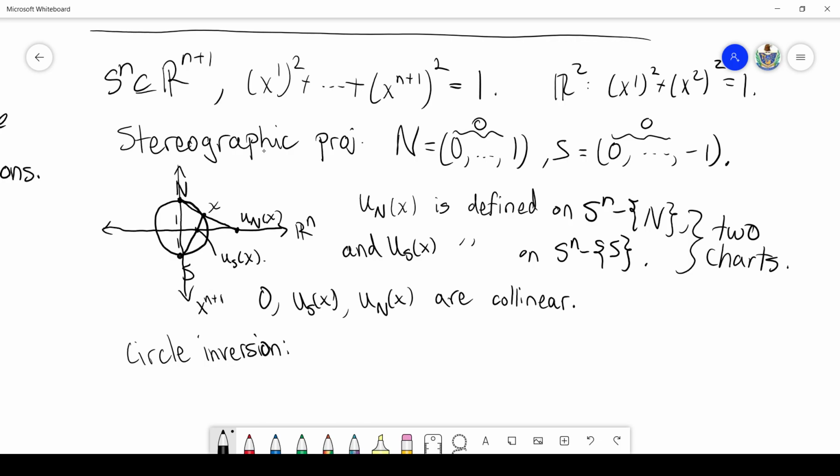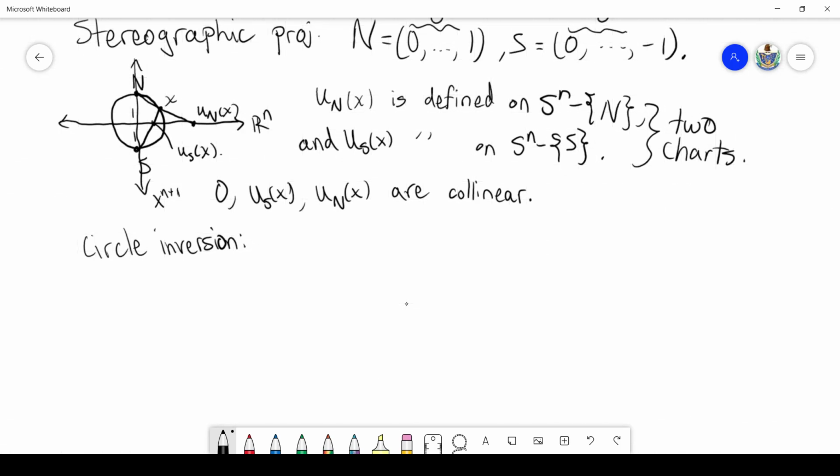Essentially, the picture to see here is, all right, so here's 0, the origin. And here's S, and here's us of x. So I've plucked out this triangle from the picture just so we can see it better. Okay, so this triangle. And then I'm going to pluck out this triangle here. And so this length is 1, by the way.